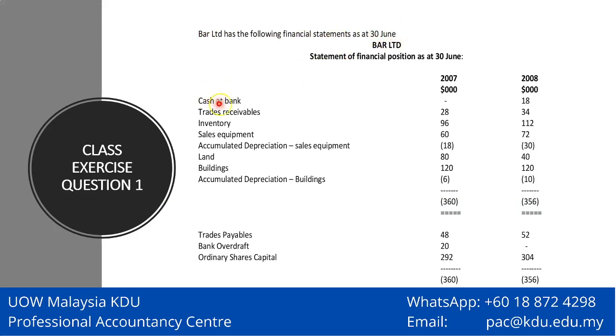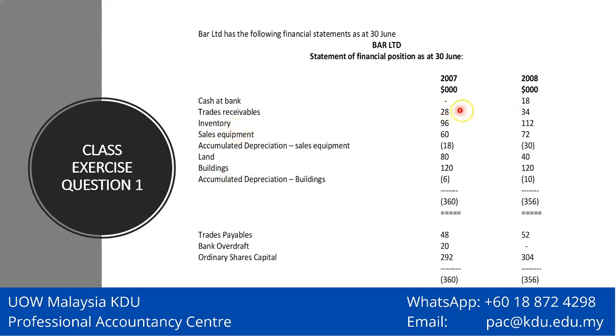So here they have the cash at bank, the trade receivables, and the inventory. These are all your current assets. Sales equipment minus the accumulated depreciation. Land, buildings minus accumulated depreciation. These are your property, plant, equipment. In other words, your non-current assets.